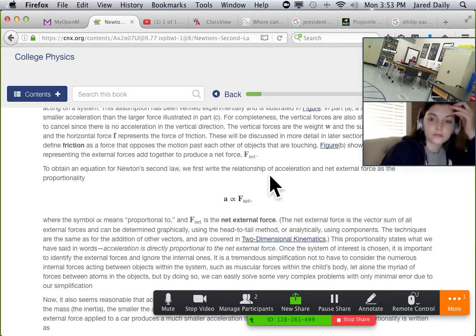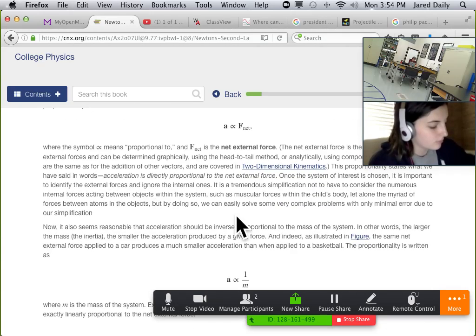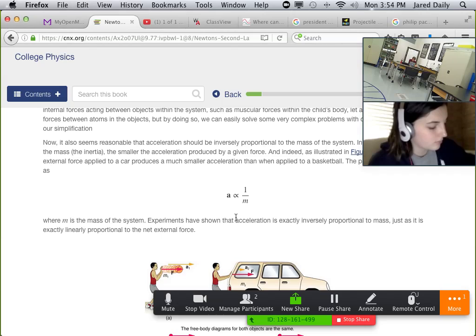He learned that the acceleration of an object of a particular mass was proportional to the force that acted on it. So if he added twice as much force, he'd get twice as much acceleration for the same mass. And 4 times as much force, he'd get 4 times as much acceleration for the same mass. In another analysis, he discovered that the acceleration is inversely proportional to the mass.